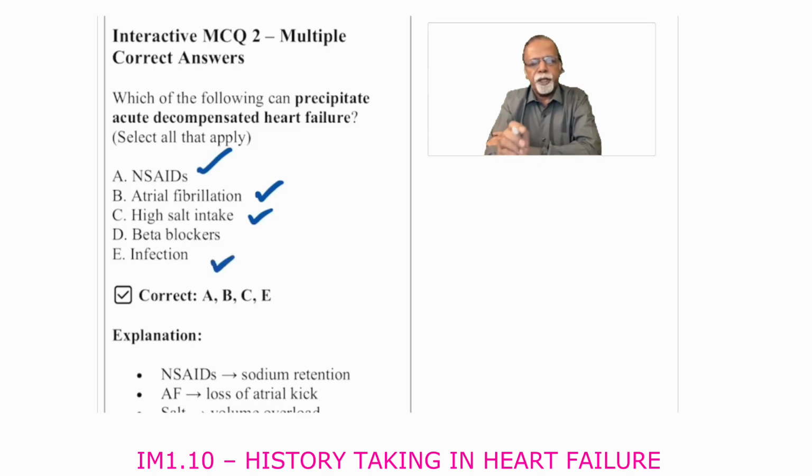Infection: respiratory infection and urinary tract infection are the two infections notorious for precipitating it. What about beta blockers? Beta blockers in smaller doses are given for the management of heart failure, but high doses of beta blockers can also produce heart failure.